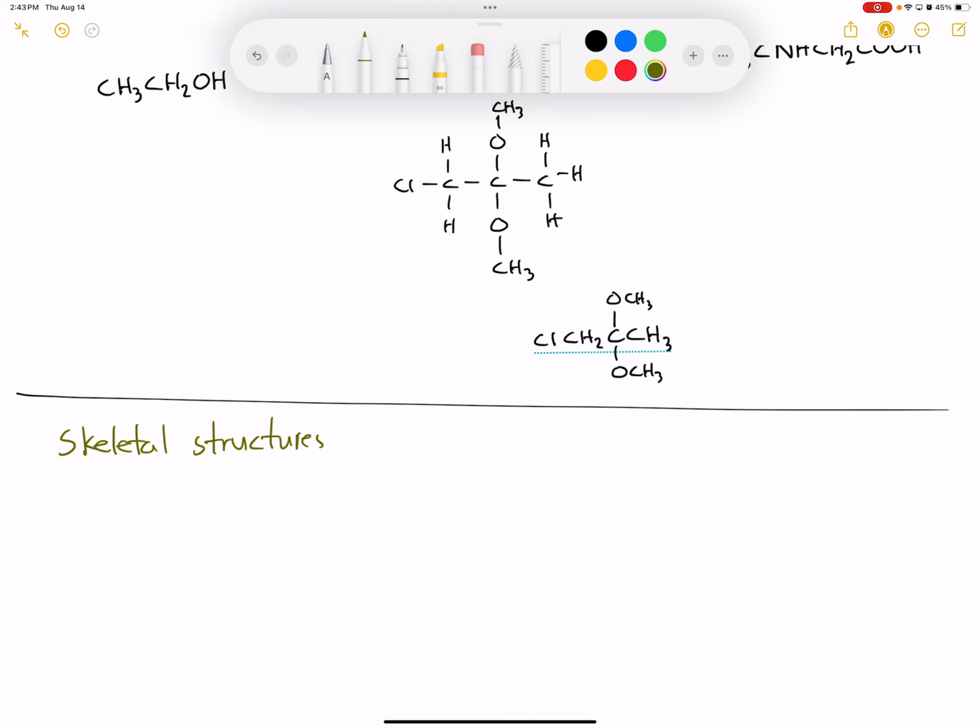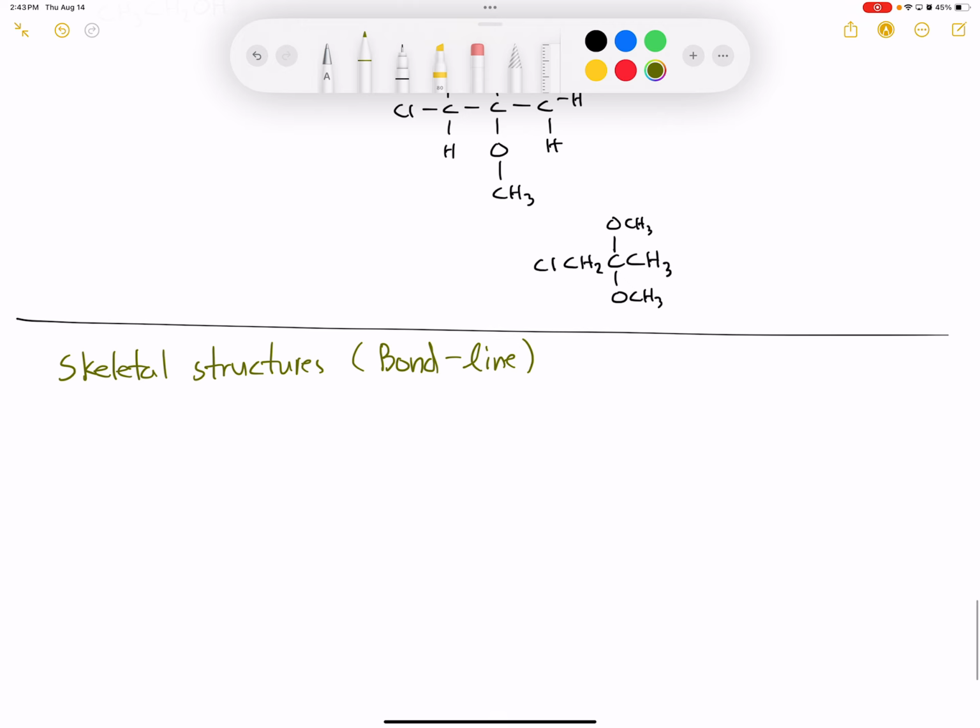So skeletal structures, that's just a more descriptive name. The formal name is called bond line. We call it bond line because all you see in these structures are bonds represented as connective lines, okay? So let's do the first example, ethanol.